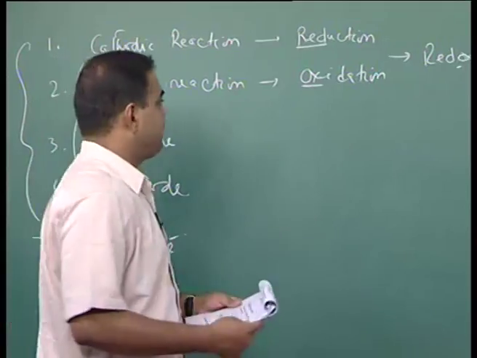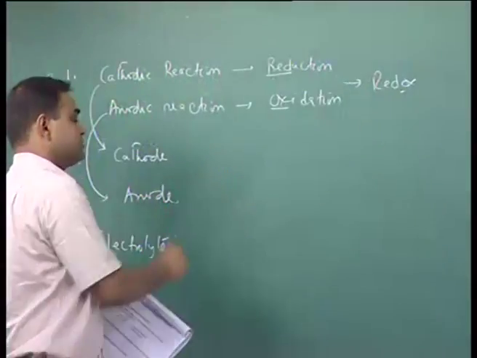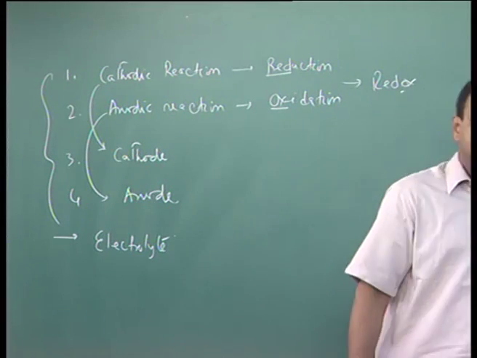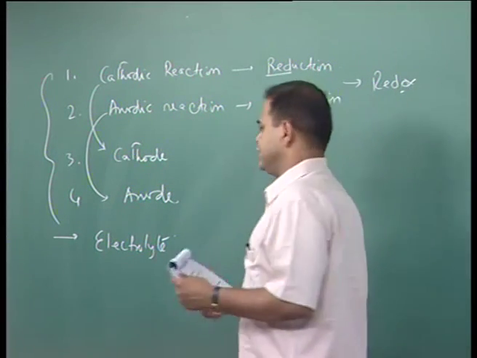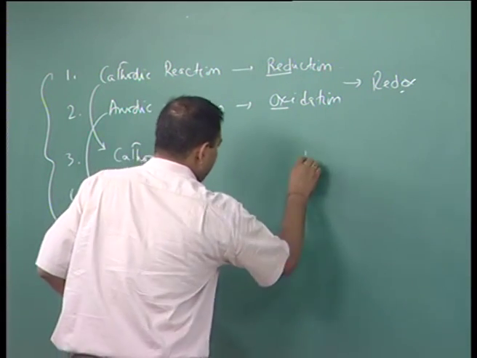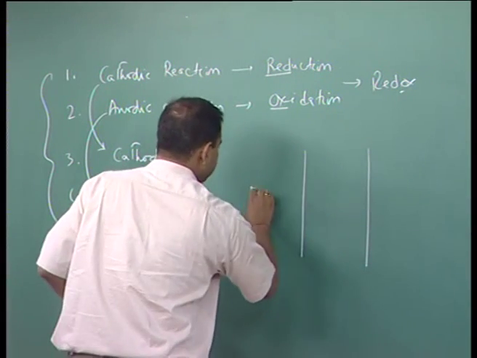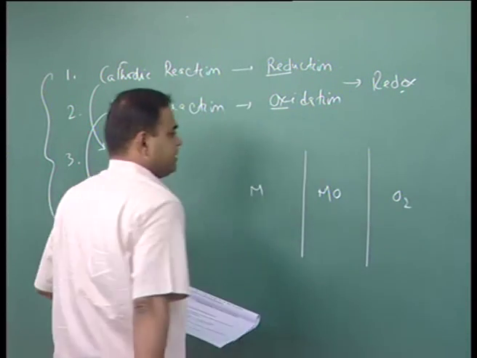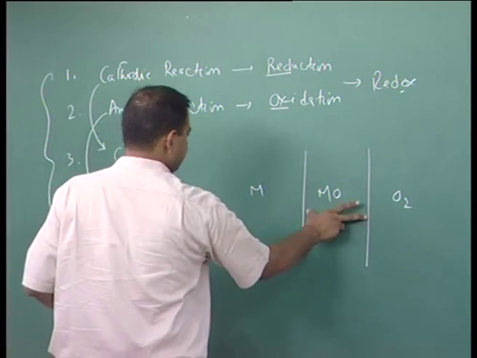Now, in the same way we have taken the analogy of that corrosion cell and compared it in case of dry corrosion or oxidation. In oxidation also we have seen that if you have a metal, then metal oxide, and then gas environment, you have two interfaces.